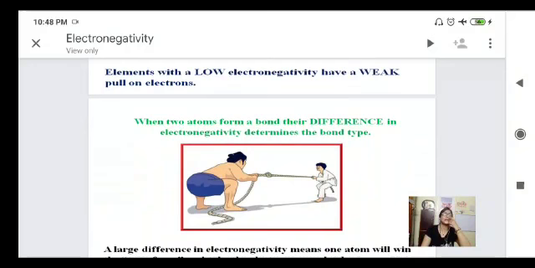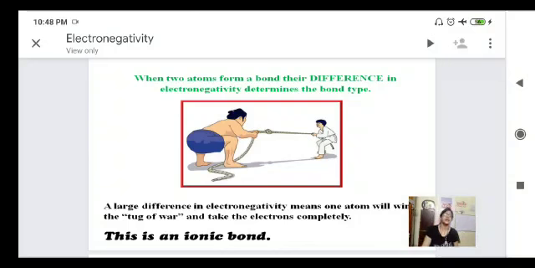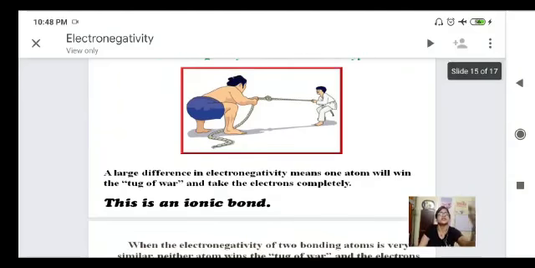Now, when two atoms form a bond, their difference in electronegativity determines the bond type. Many times I told in this lecture that the bond type is determined by the electronegativity of the two associated atoms which are bonded together. The picture also depicts the same thing. Obviously, this will be an ionic bond, no longer a covalent or polar covalent bond, since the obese person, showing high electronegativity, will drag strongly compared to the thin and lean person.